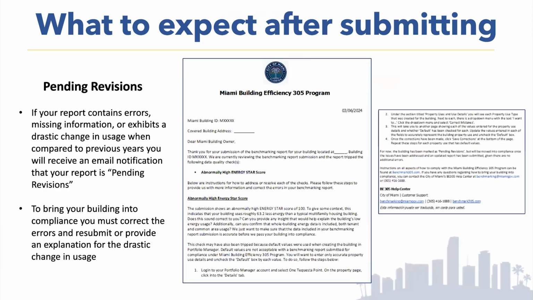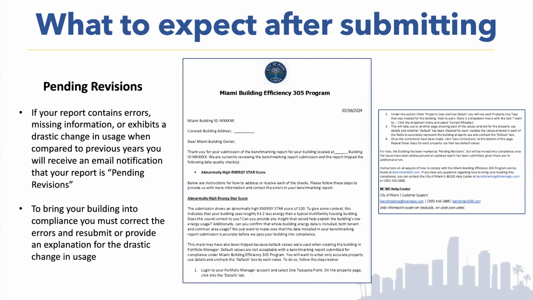Or you can receive an email saying that your report is pending revisions. If your report contains any errors, missing information, or exhibits a drastic change in usage when compared to previous year's data, then the following day after submitting your report, you'll be receiving a pending revisions email.